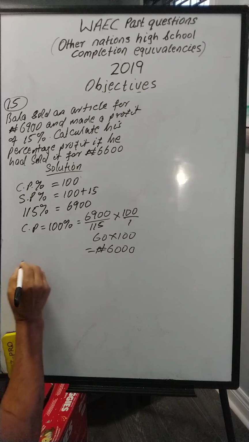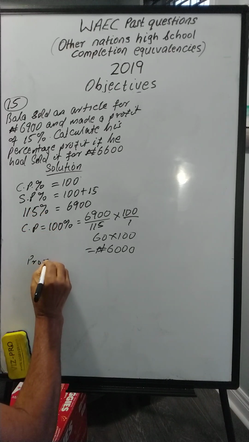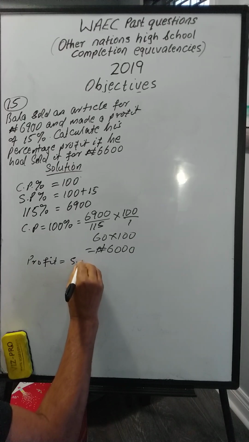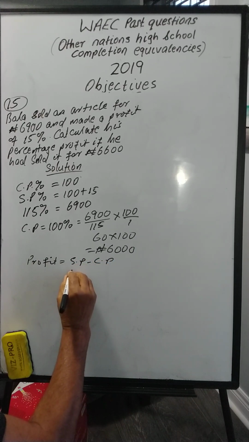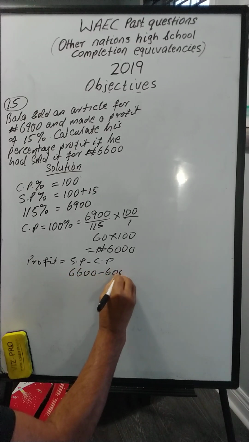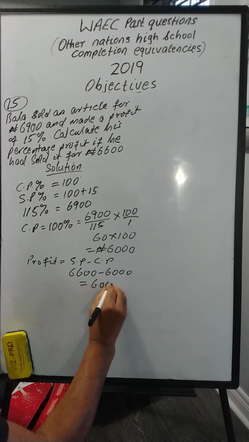Therefore, his profit, if he had sold it for 6,600 naira, the profit, which is selling price minus cost price. The selling price 6,600 minus the cost price 6,000 will give us 600 naira.